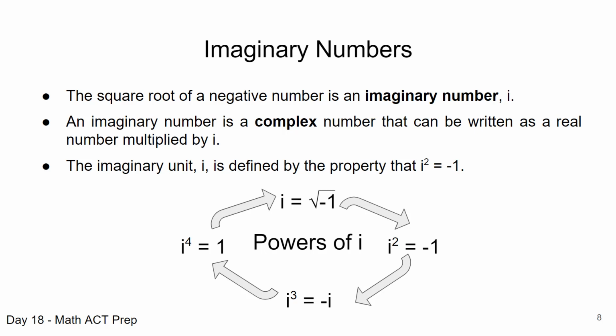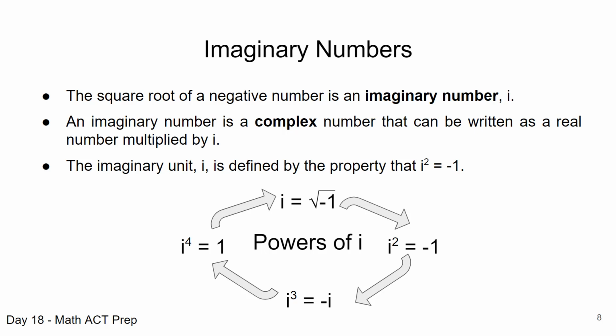And then let's go around to get to i to the fourth. We multiply by i again, we get i to the fourth on the left-hand side, and a -i times i is a -i squared. Using that we know that i squared equals -1, that is the same as saying negative times -1 gives us +1. So these four things are really going to cover whatever we're going to do.